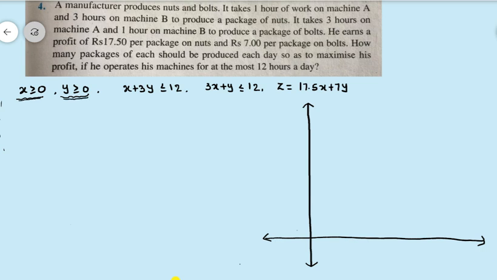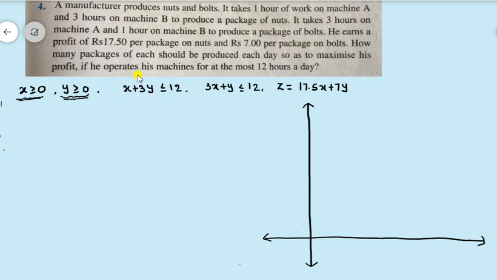That means we have to confine ourselves to the first quadrant, because x and y are both positive in the first quadrant. The next ones are x plus 3y less than or equal to 12 and 3x plus y less than or equal to 12. These two are the constraints, and for these two constraints we are going to draw the graph.